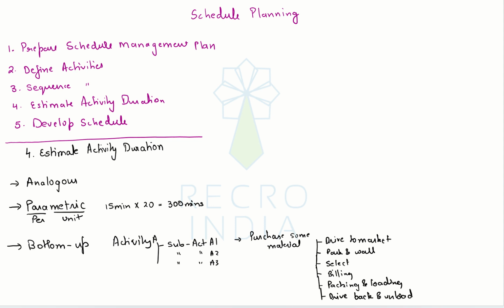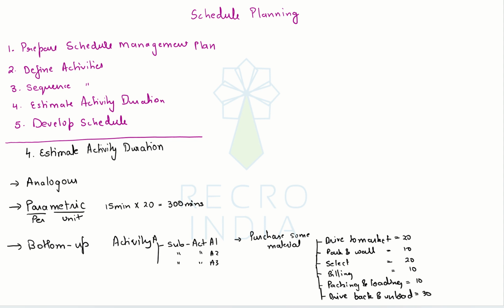Now if you look at the sub activities, they are very detailed and very granular in level. So you will have a high degree of confidence when you are estimating at the sub activity level. Say for example, 20 minutes, 10 minutes, another 20 minutes, another 10 minutes, another 10 minutes, and then 30 minutes.